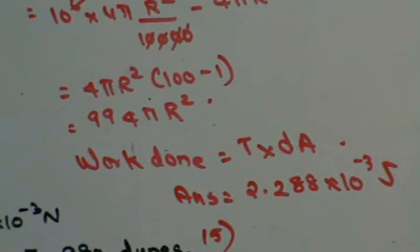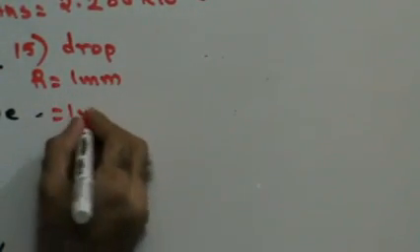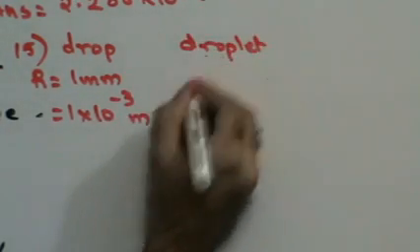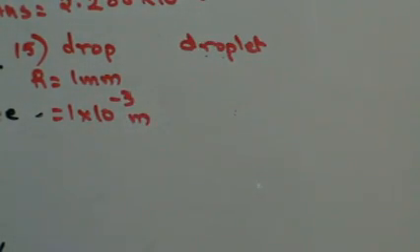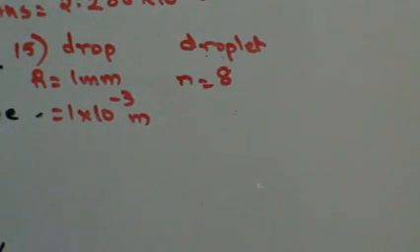A drop of mercury of radius 1 millimeter is broken into 8 droplets of the same size.